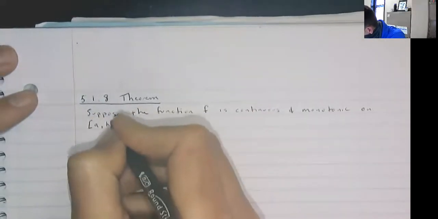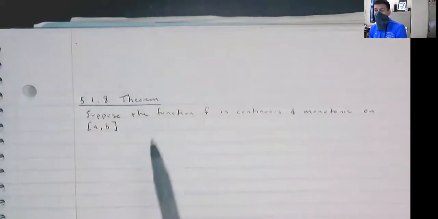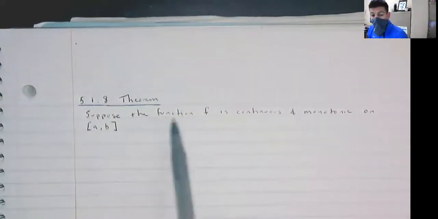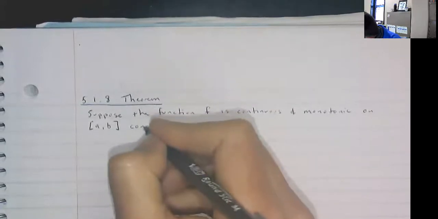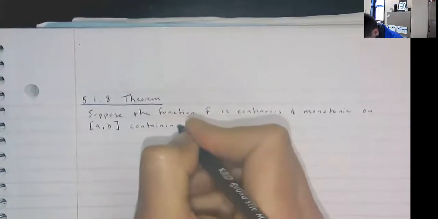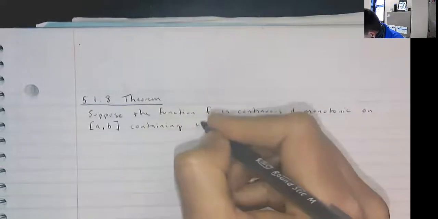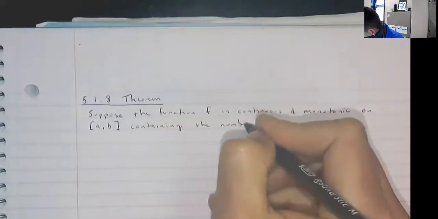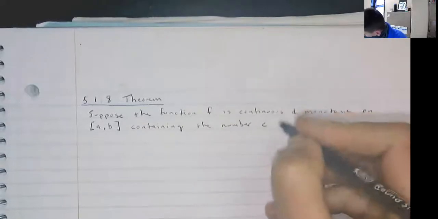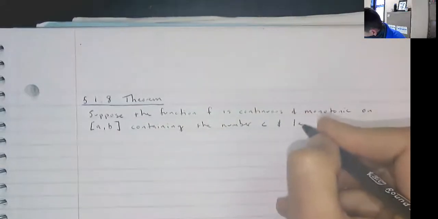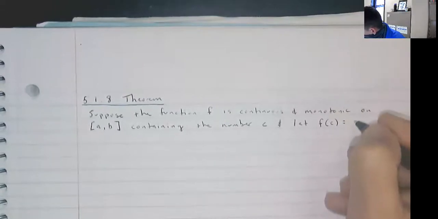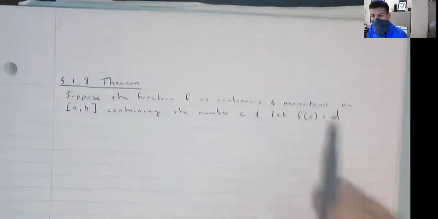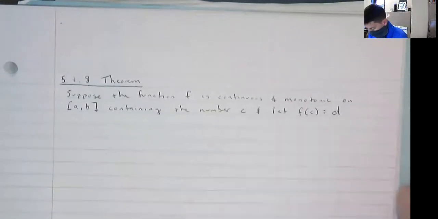Continuous and monotonic guarantees the existence of an inverse, and this interval contains some c, and let the function value at c be d. So f of c is d.